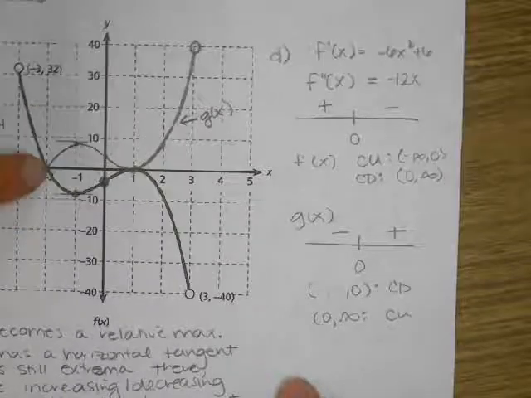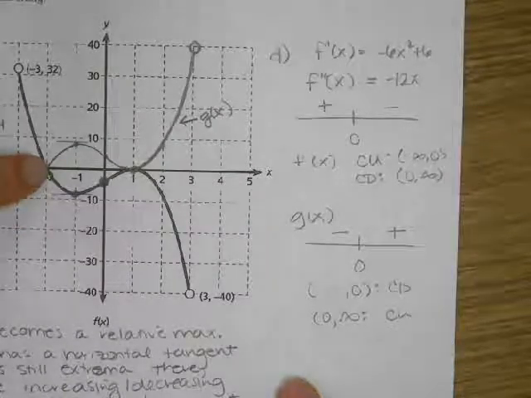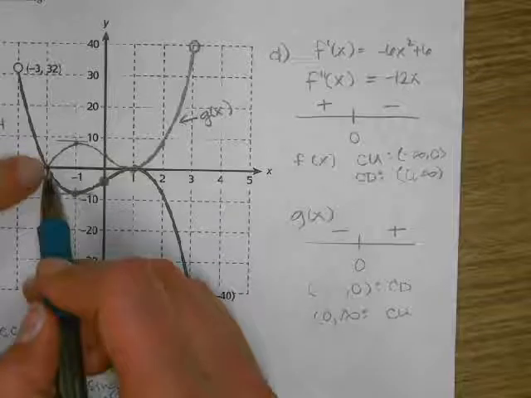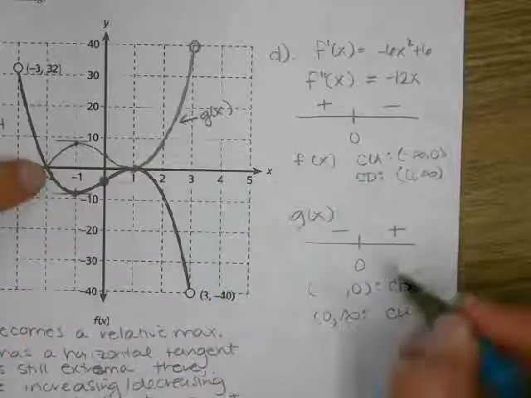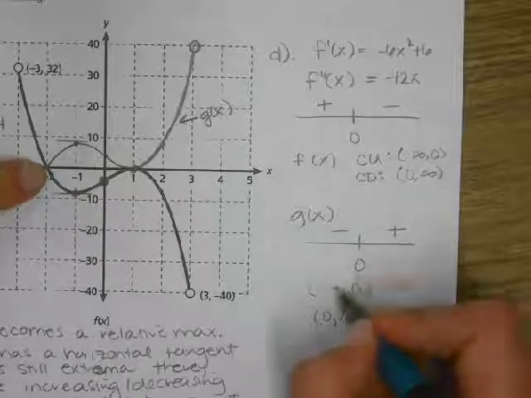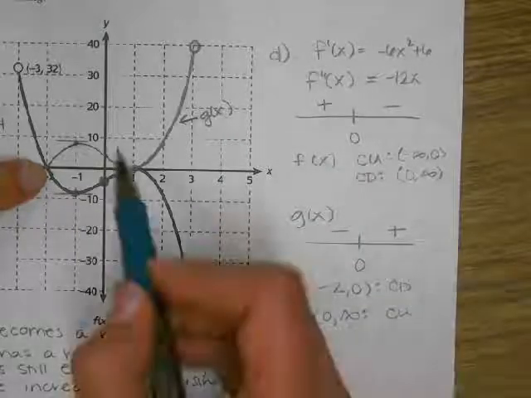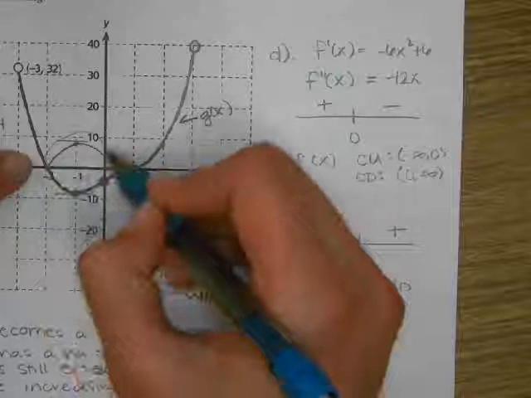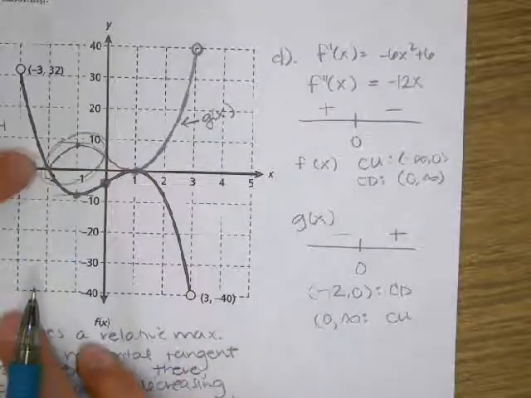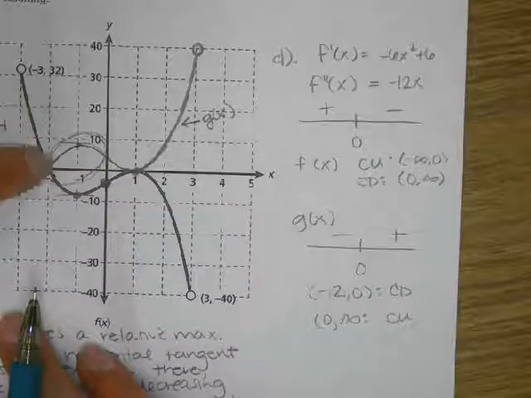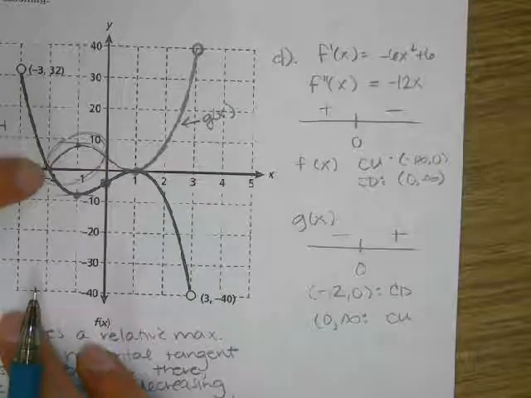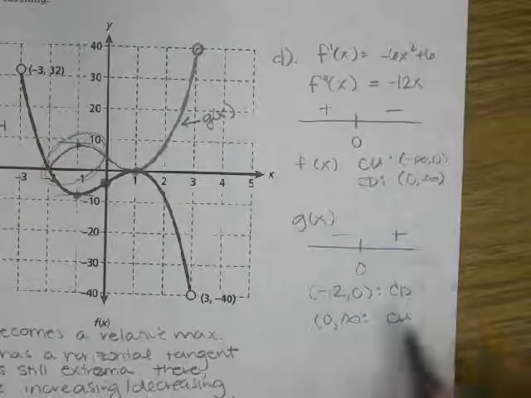The -2 kind of ruins it. You can see that g of x is concave down right there, and then things get real strange at that sharp corner. So I said that it was concave down from -2 to 0, because this area right here is definitely concave down. This part right here at that sharp corner, it kind of gets weird. It looks like it's concave up again. So the concave down part we can definitely say is from -2 to 0.